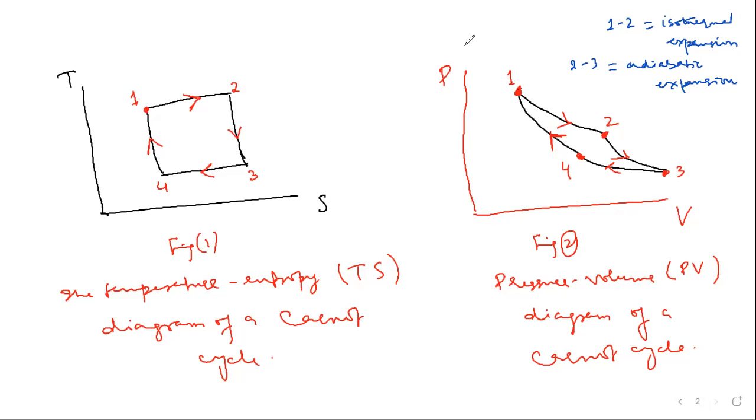From 3 to 4, we have isothermal compression, and from 4 to 1, we have adiabatic compression.